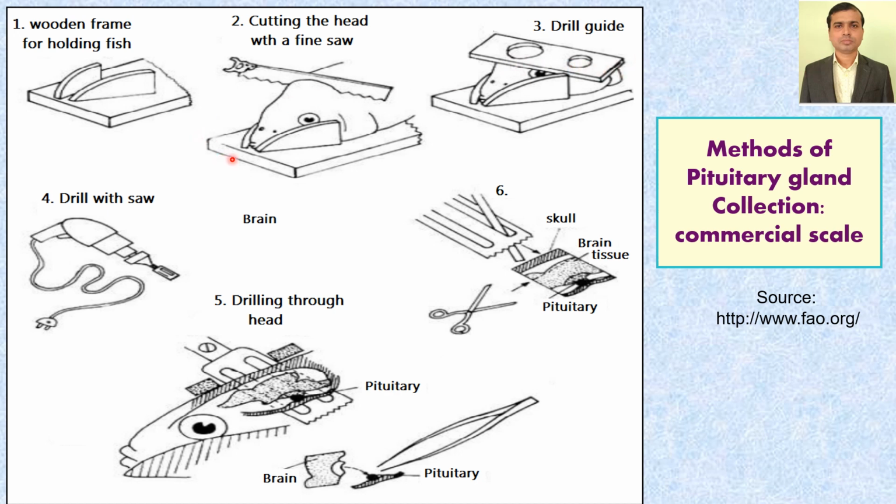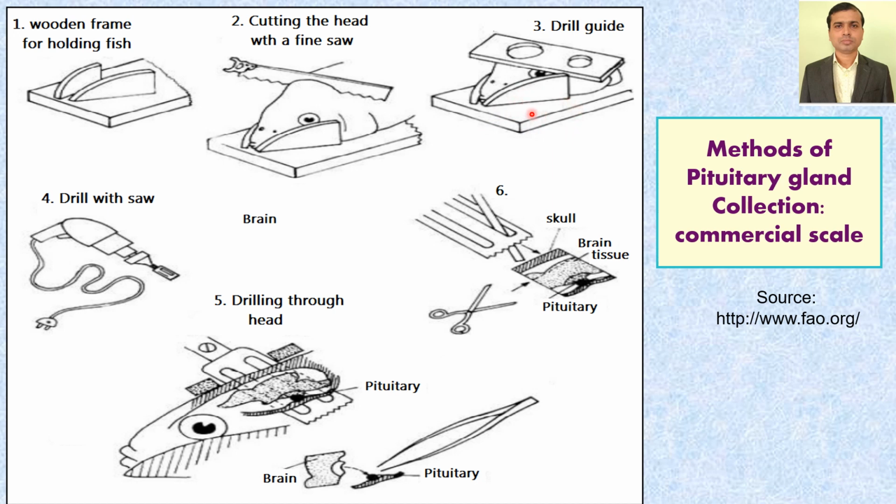For large scale collection of pituitary gland, a wooden frame is used for holding the fish. The fish is held in the wooden frame and the head is cut with a fine saw or a sharp strong knife. A guide is prepared.